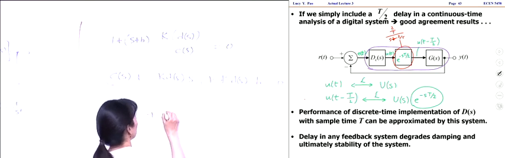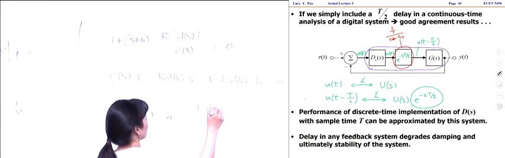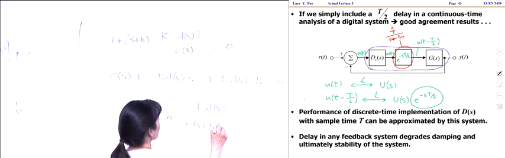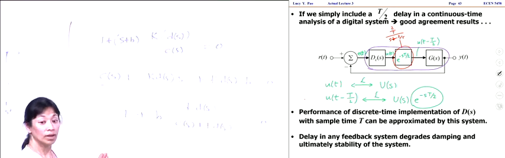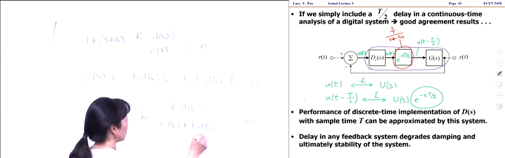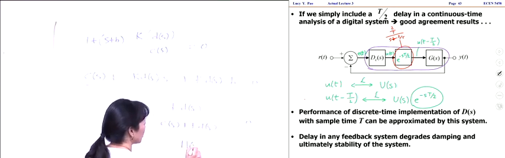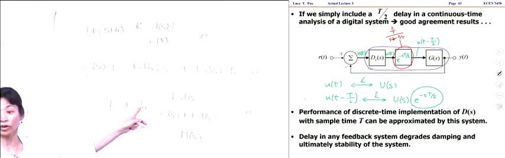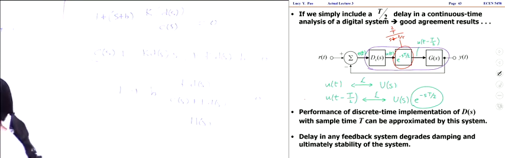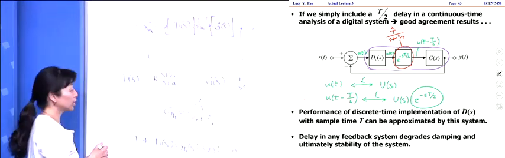Then we'll have B, and then K times D of S, all of that divided by C of S plus K D of S. So now it's in what you consider, so-called this whole thing, H of S. Now it's in standard root locus form. You can plot the roots of this equation as a function of B. All right, so you should be familiar with how to rearrange things.